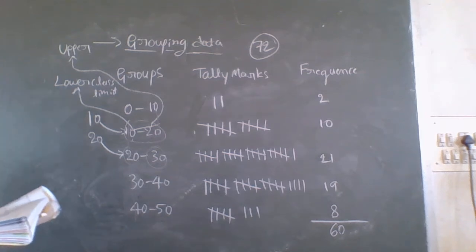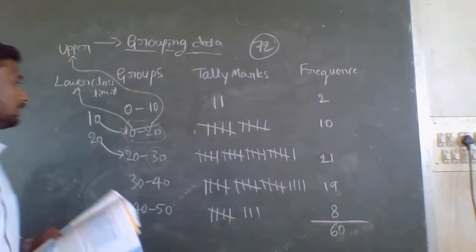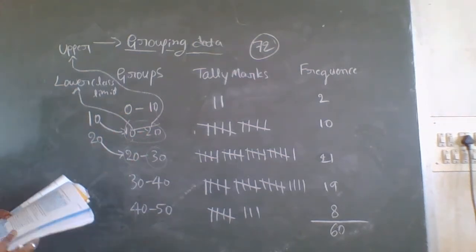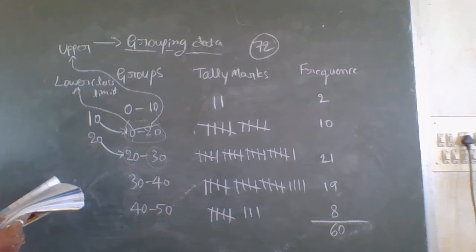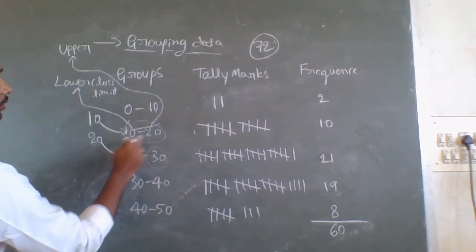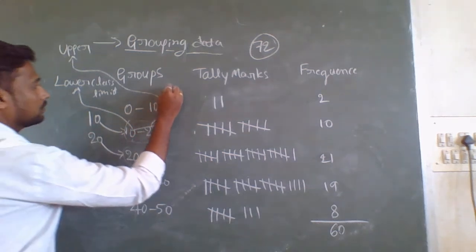So observe the difference between the upper class limit and the lower class limit here. What is that? 10 is the answer. For 0 to 10, 10 to 20, 20 to 30, the difference between the upper class limit and the lower class limit is 10.